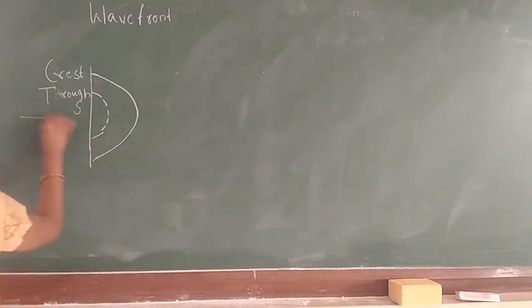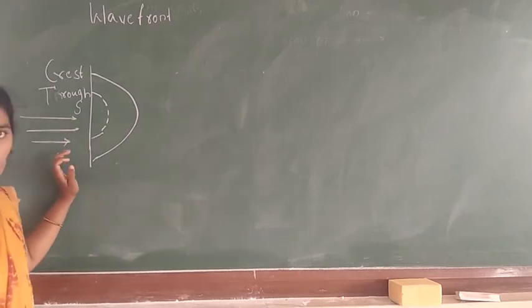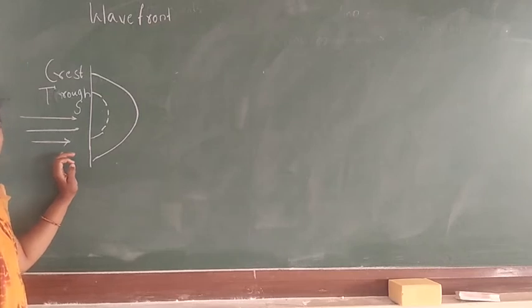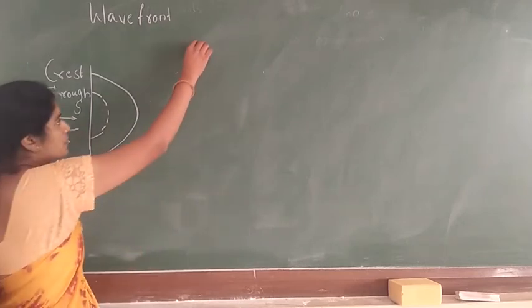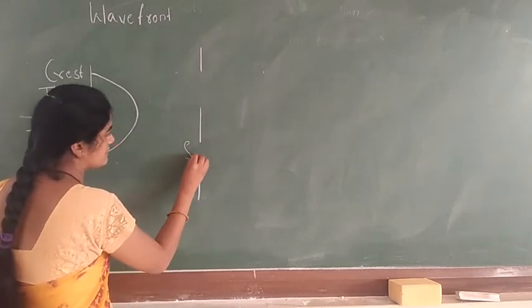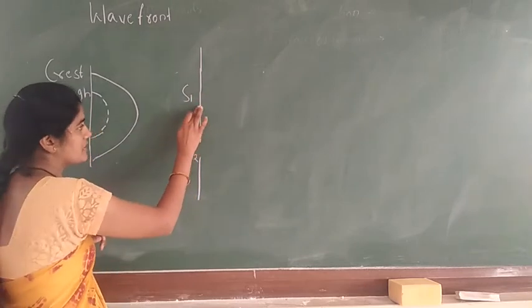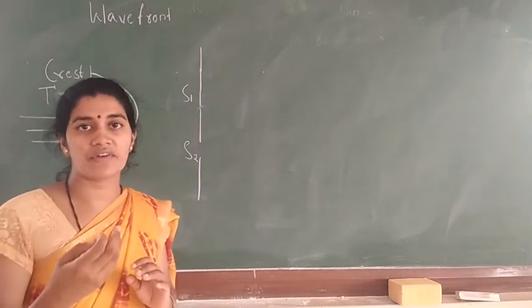When the monochromatic light, either in a cylindrical or spherical wavefront, is made to pass through the slits S1 and S2, we have to see how the wavefronts are produced.